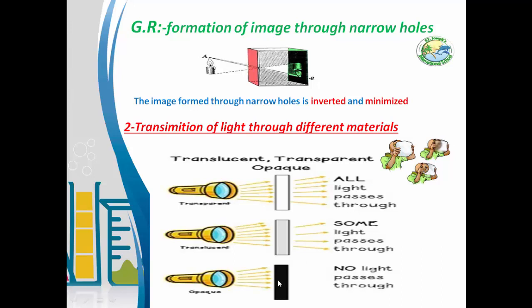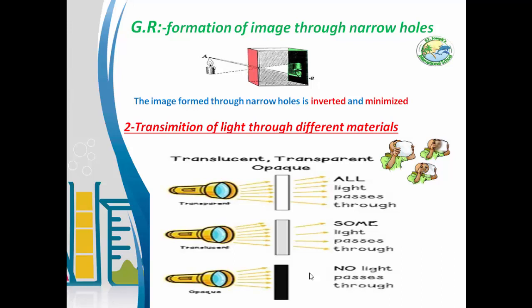The third type is opaque materials. They are materials that don't allow light to pass through, and objects can't be seen through them. So again, materials can be classified into transparent, translucent, opaque.